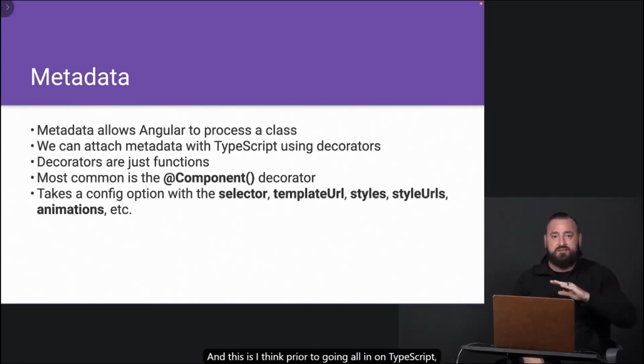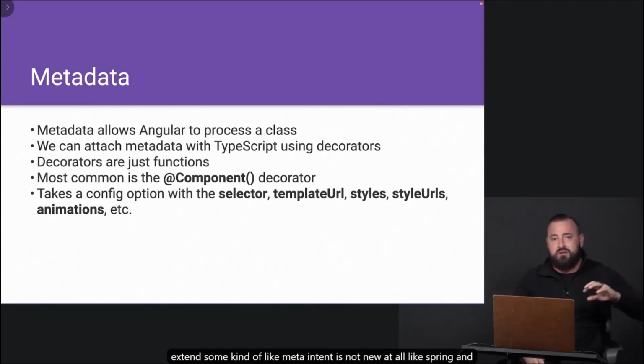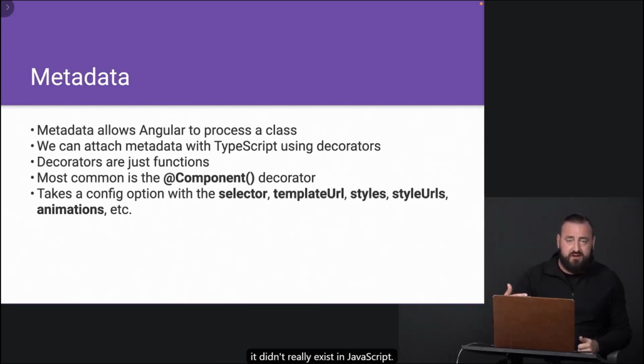And this idea of using annotations or decorators to establish or extend some kind of meta intent is not new at all. Spring and Java frameworks and different things have used this, but it didn't really exist in JavaScript.